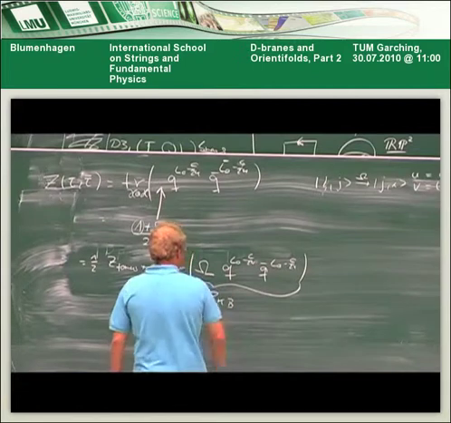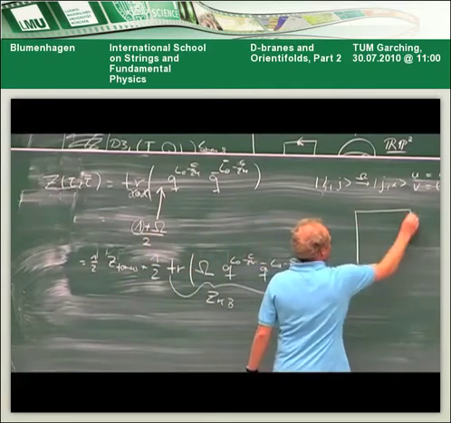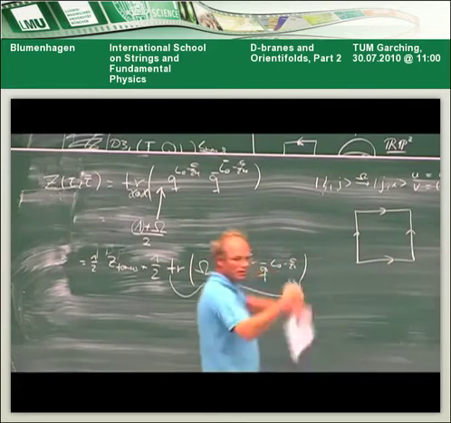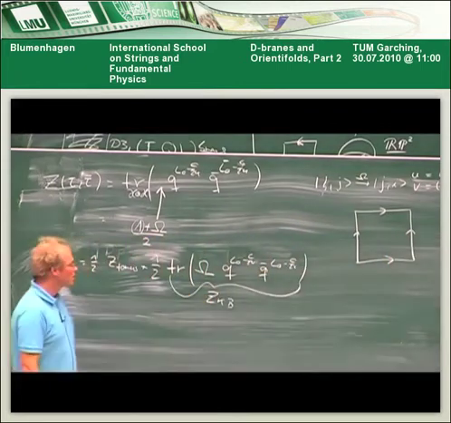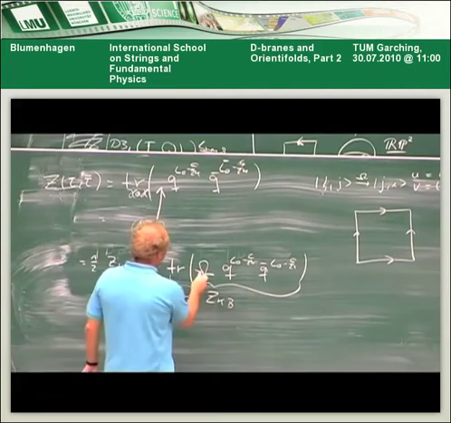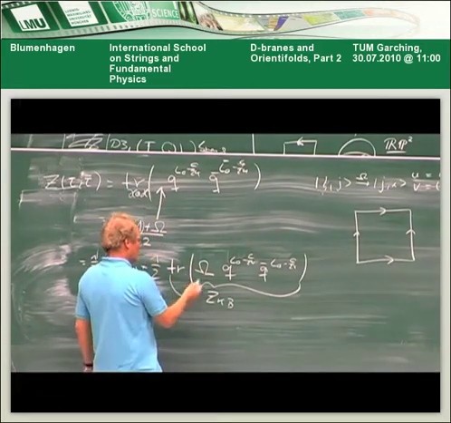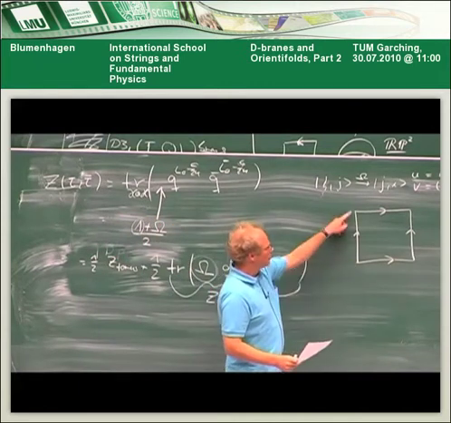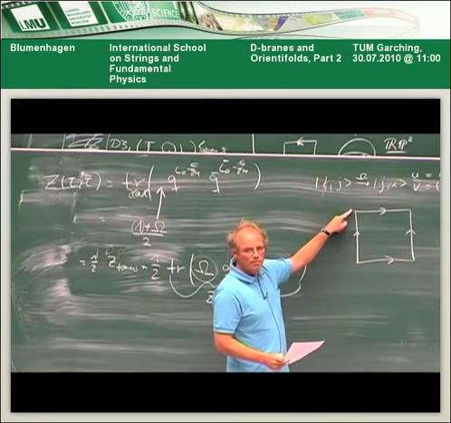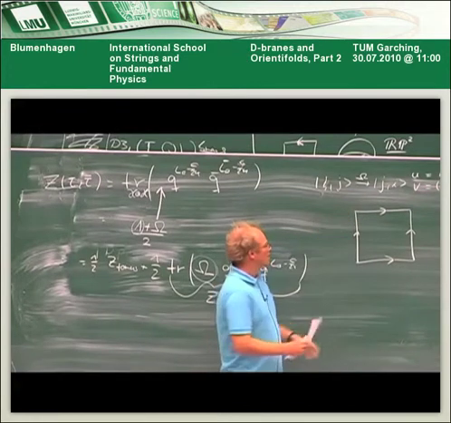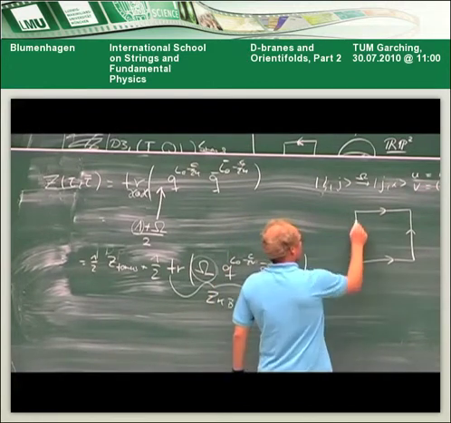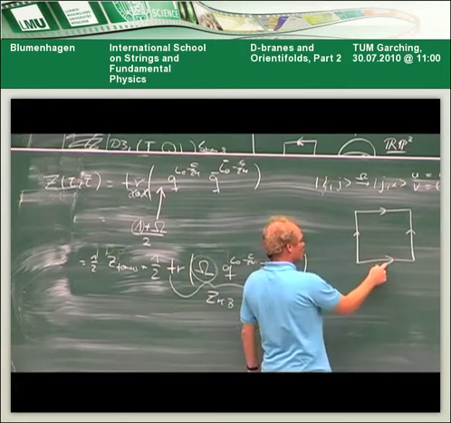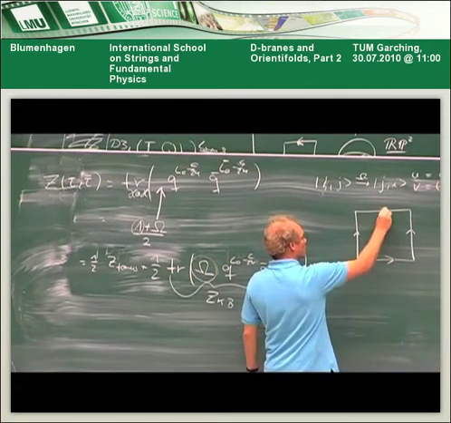Why is it called that? You have your closed string, so you start with your torus. This is a torus diagram; you identify opposite sides and this gives you a torus. As we have seen, in the Hamiltonian formalism this operator tells you the twist you are doing if you go in the time direction. So if you go in this direction, you change the orientation, and we come up with a different orientation here.